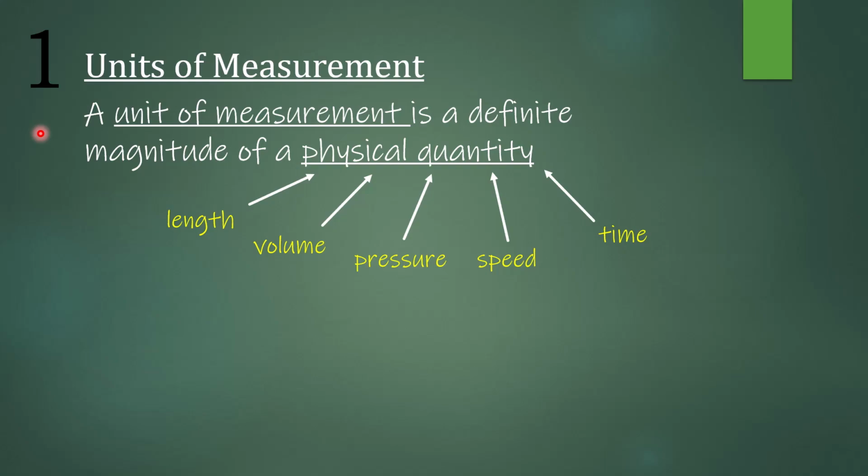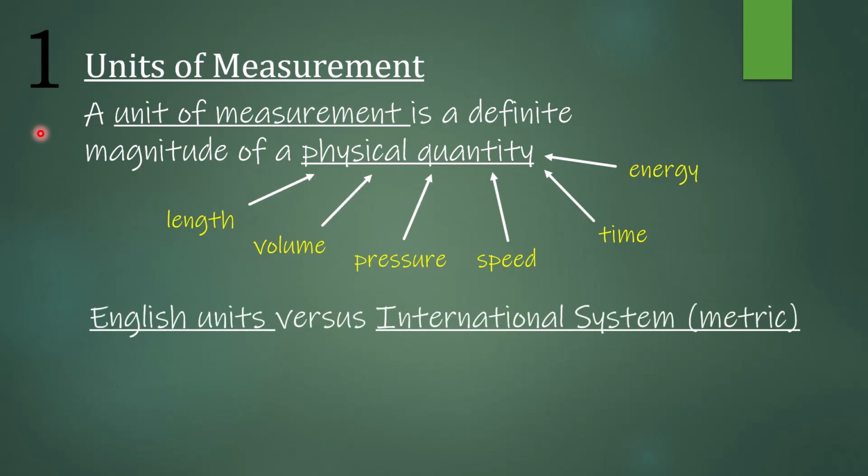Time, seconds, hours, years. Energy, joules or electron volts to describe some magnitude of energy. So we have a whole host of units that might describe the same physical quantity, but they might describe different magnitudes of that quantity.